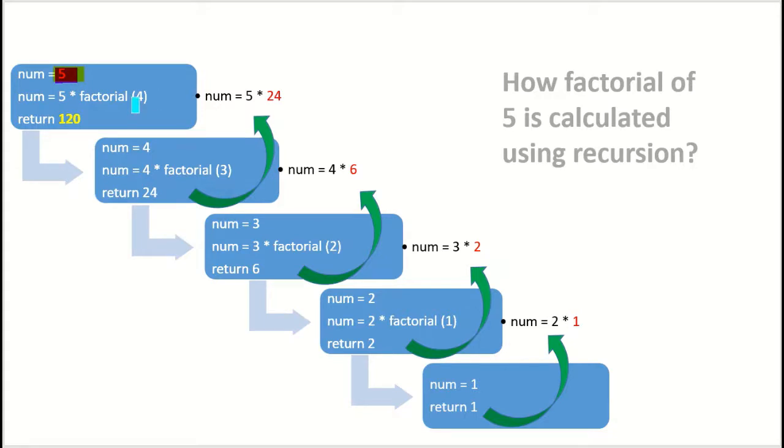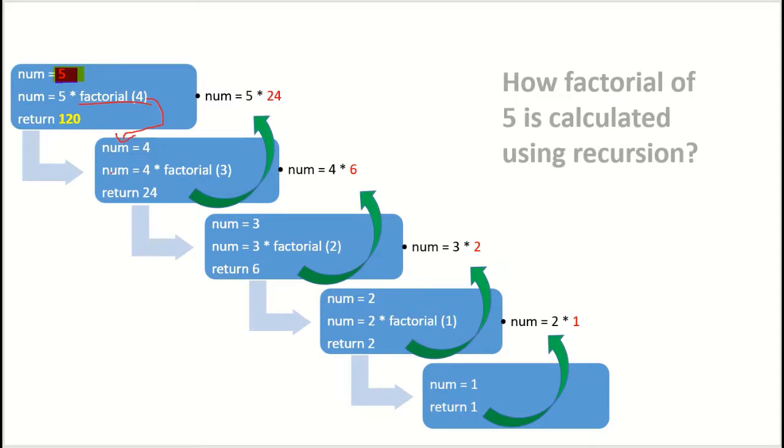So to find out what is factorial of 4, it is again going to the same program. So actually a copy of the program is made. The copy is shown here. So when this is called, it is going to the copy of the program.